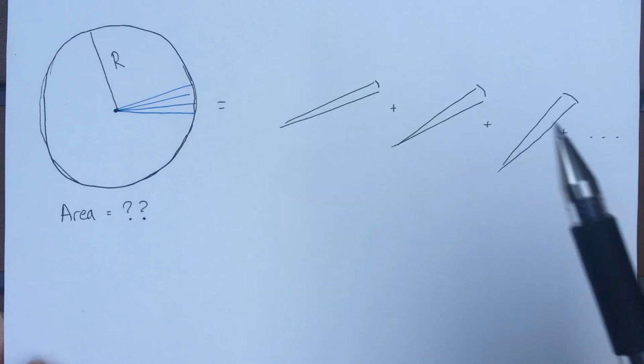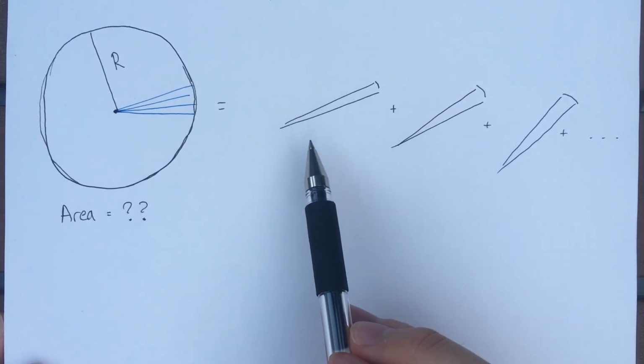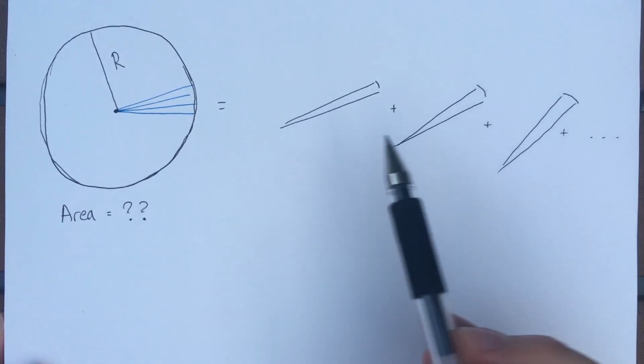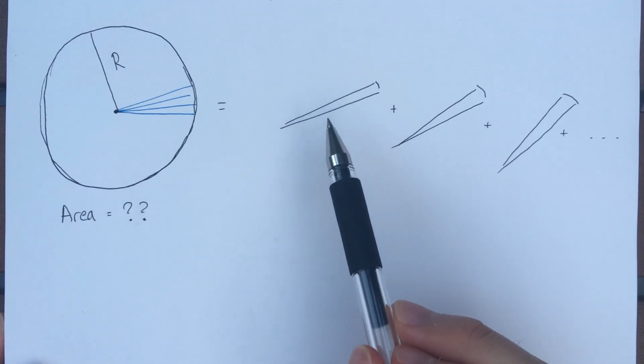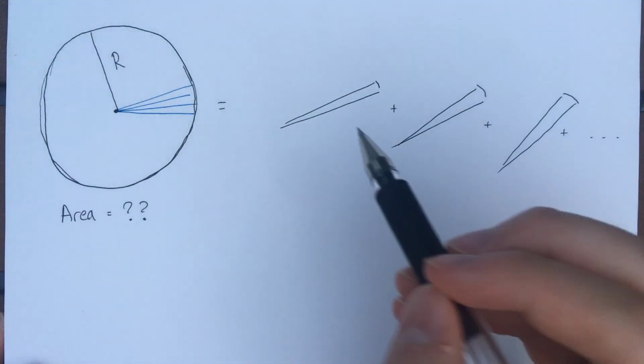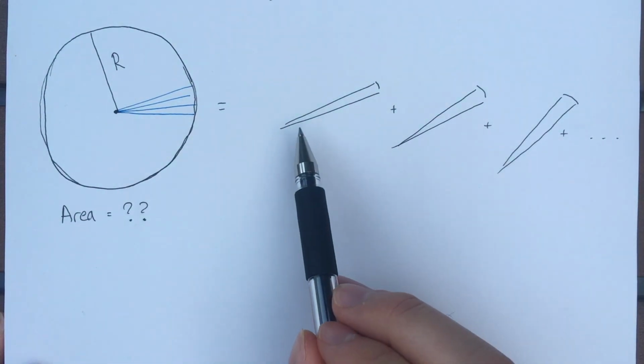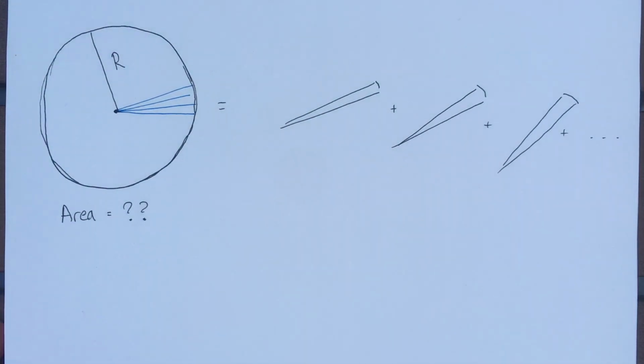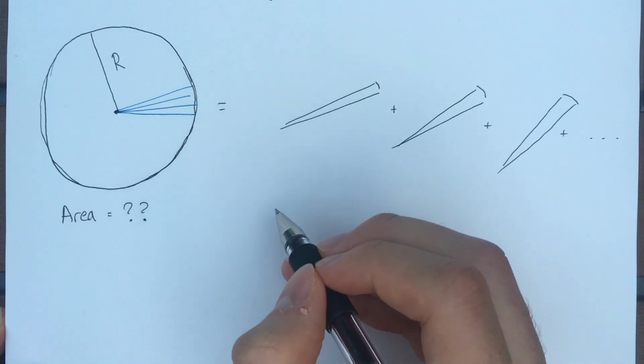And the whole point of calculus is taking many sums and making them infinitesimally small so we can find the total area of this. So we're going to assume that all of these pizza slices are very, very small. All right.